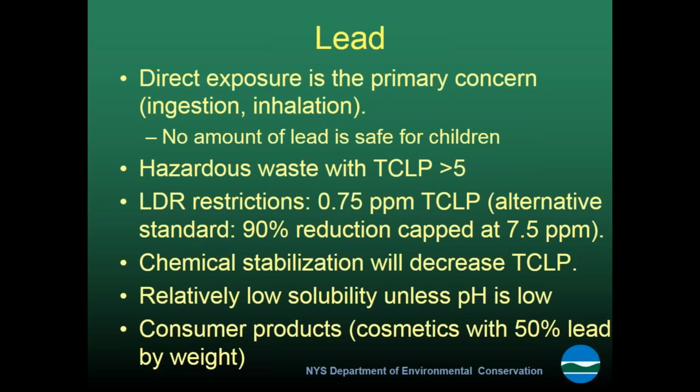But there is an alternative standard for remediation waste, where you're required to have a 90% reduction in the TCLP with your treatment, capped at 7.5. So what that means is that for remediation waste, you do not have to worry about that 0.75 ppm limit. But you do need to be aware of it, but you should also be aware of the alternative standard that should eliminate the concerns there.